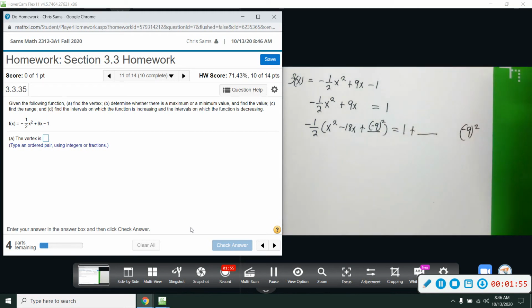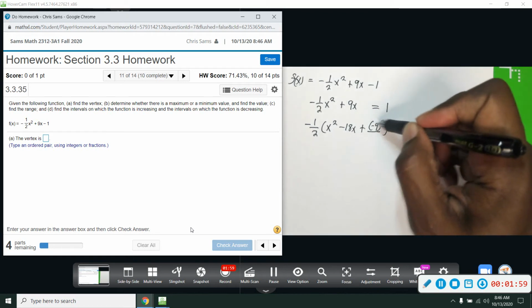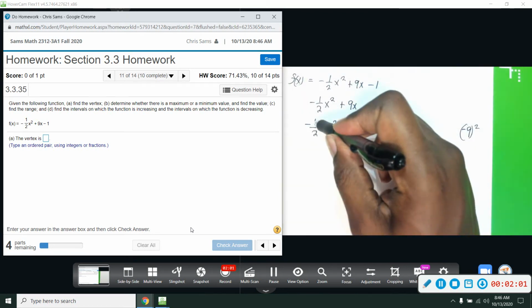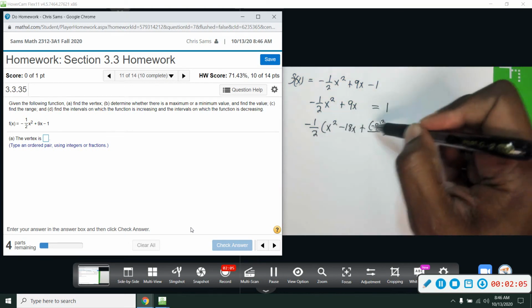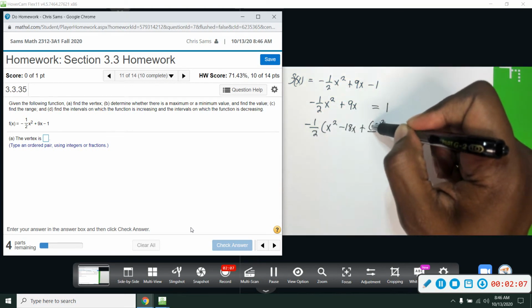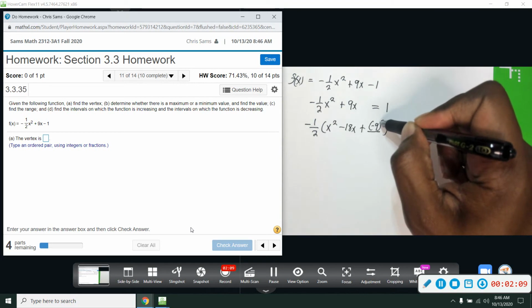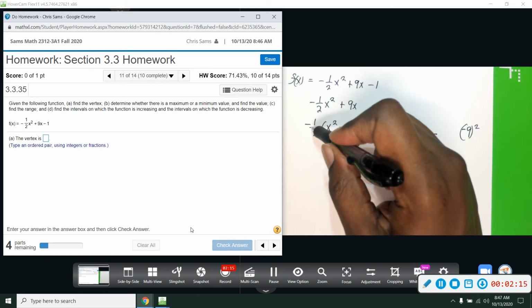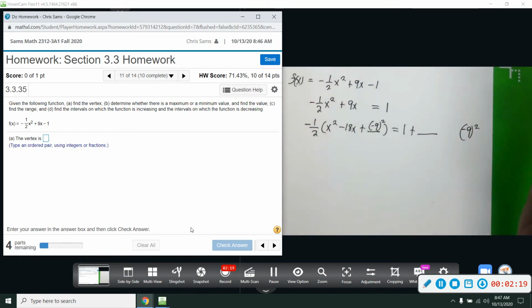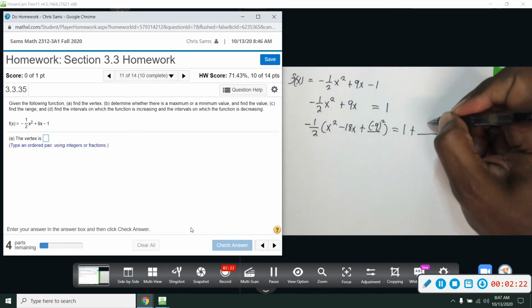Now, in actuality, the negative 9 squared, whenever you have it in parentheses, you also have to multiply by this term or divide it, whatever it is. So negative 9 squared is positive 81. And when we multiply that by negative 1/2, we just say negative 81 over 2, which is what we're going to be adding over here.